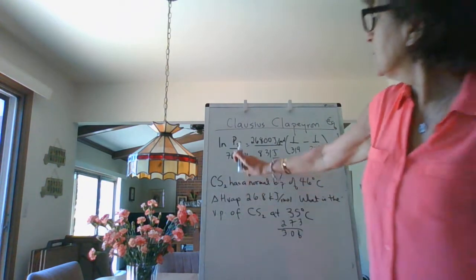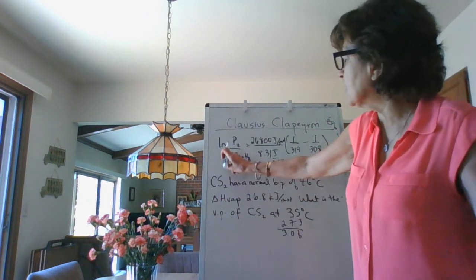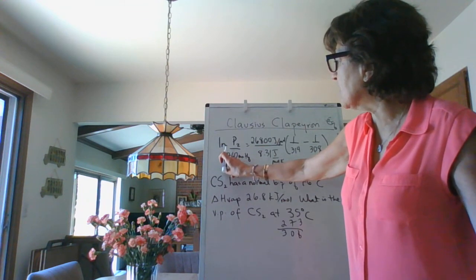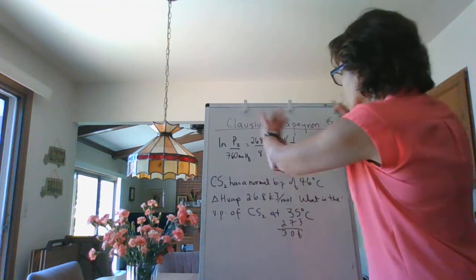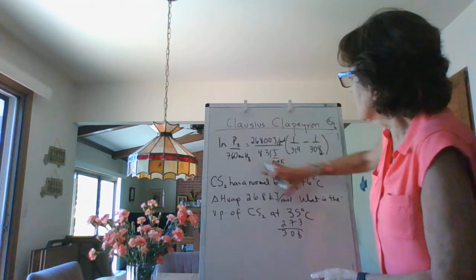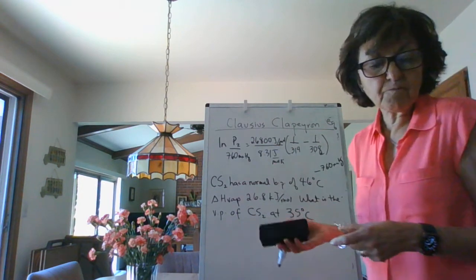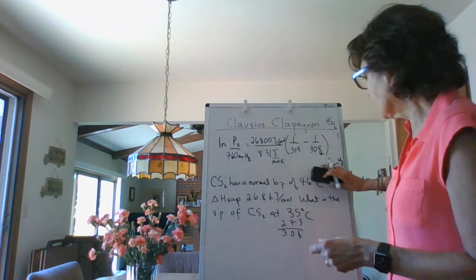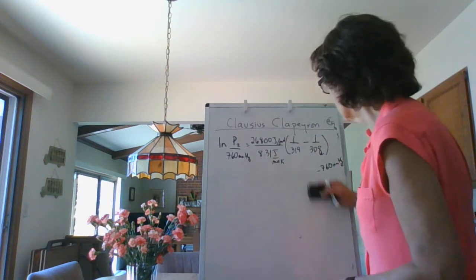Once you get a number on this side, you're going to have to figure out how to get rid of this button here. What you want to do is take the anti-log on this side, so it'll get rid of this, and then take the anti-log here. Long story short, the number you're going to get on this side is negative 0.361. You already have the problem in your notes.